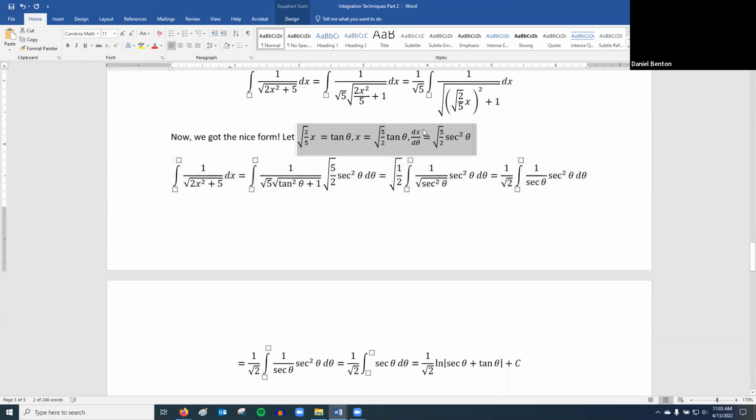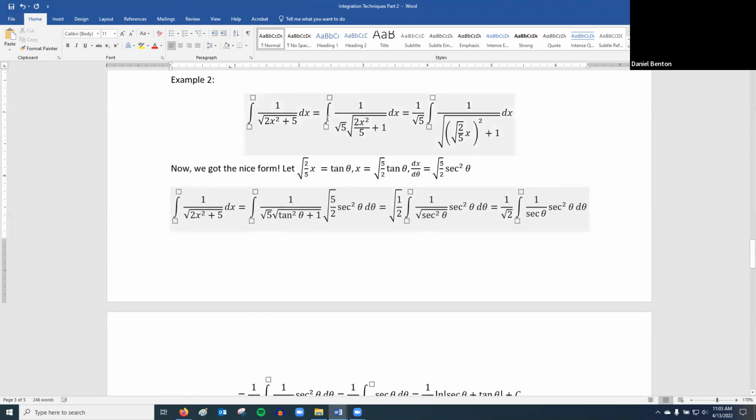So here we solve and we get dx equals square root of 5 over 2 secant squared theta, because the derivative of tangent is secant squared. Okay. Now we can do all of our substitutions. First we go from here.